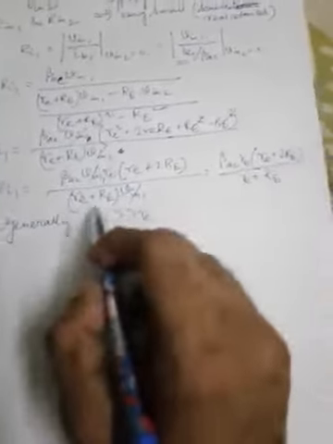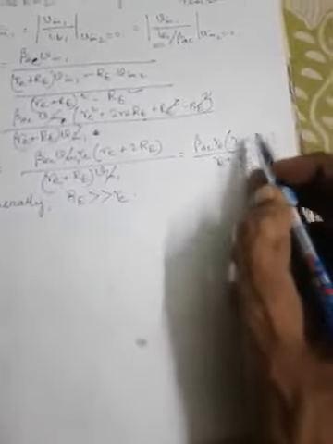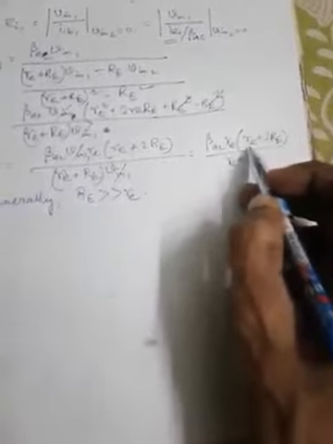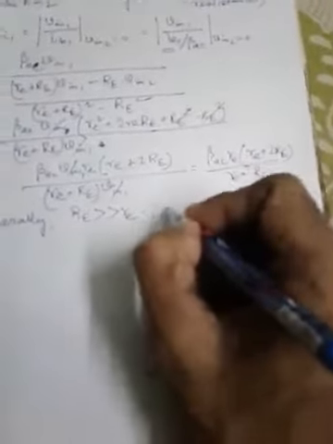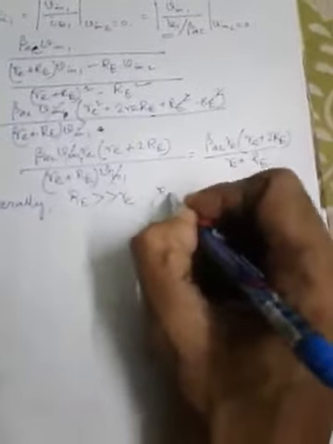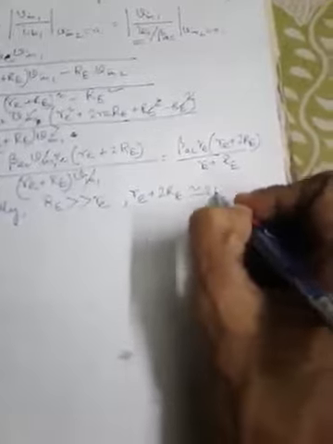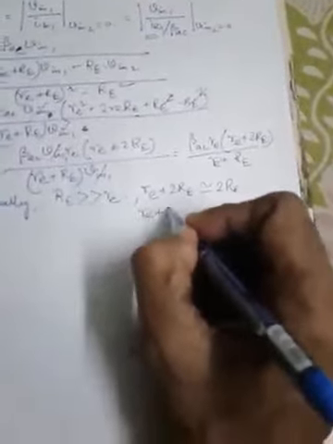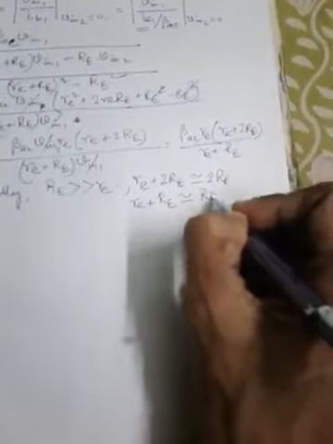This RE should be kept very high, and it implies that in re plus 2RE, compared to 2RE, small re can be ignored. So re plus 2 capital RE is approximately equal to 2 capital RE, and re plus RE in the denominator is approximately equal to RE.